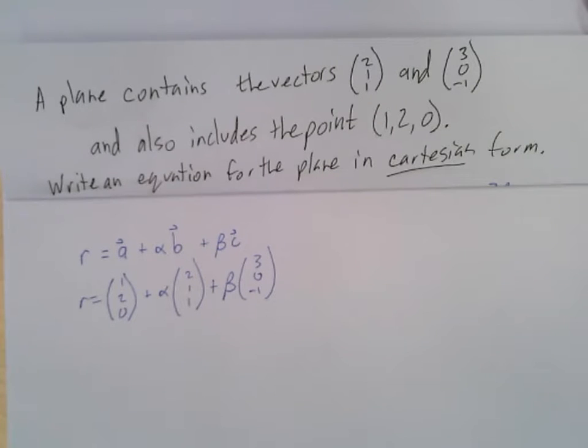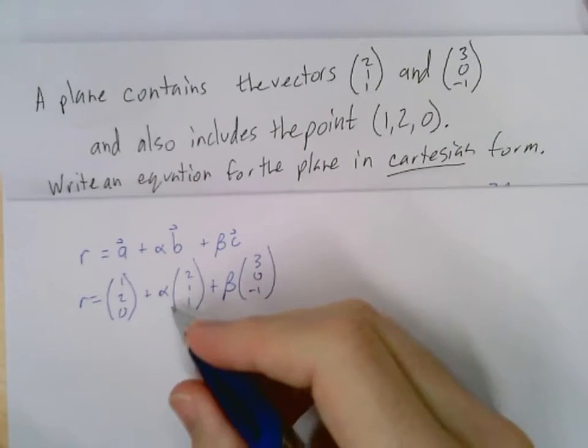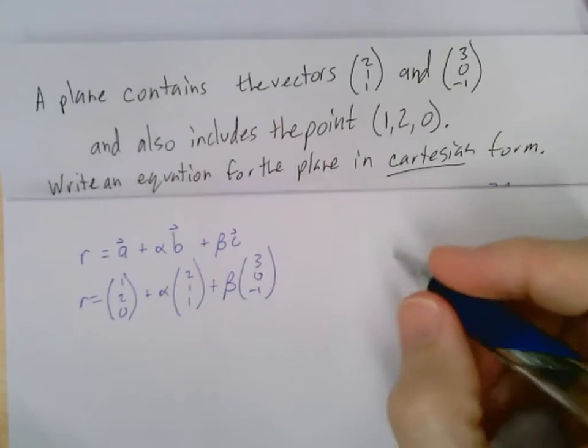When we did this with lines, the easiest thing to do was to put it into parametric form, solve for the parameter, and then set the things equal to each other to get rid of the parameters. So we're going to follow a similar process here, recognizing that I now just have two parameters.